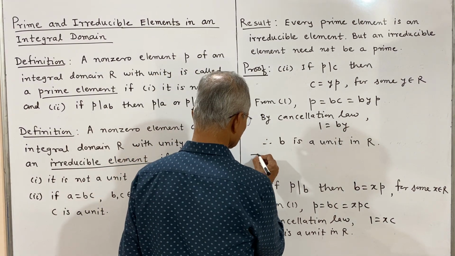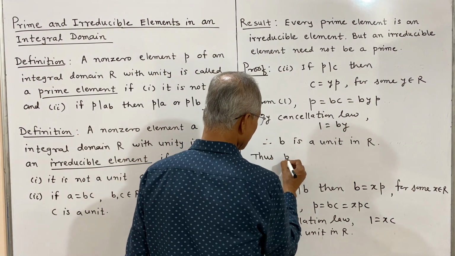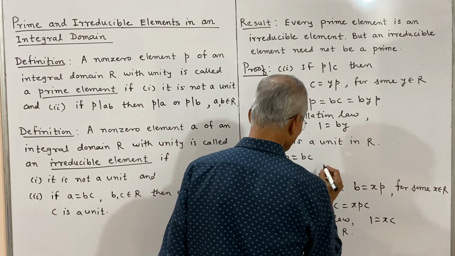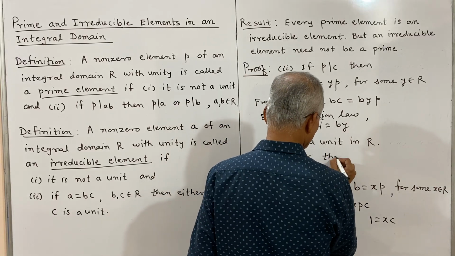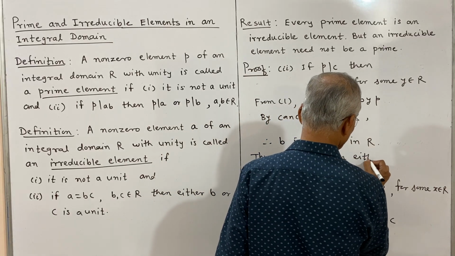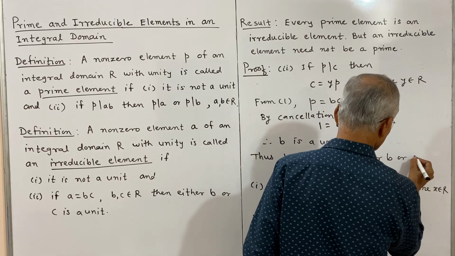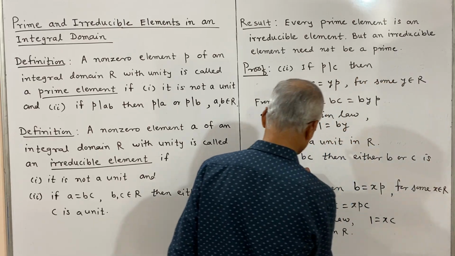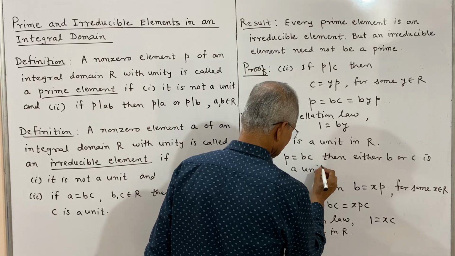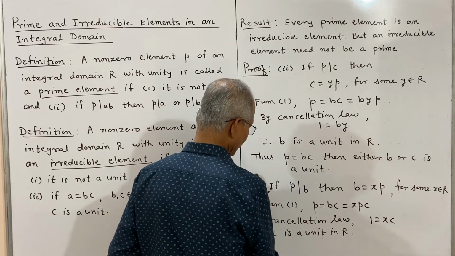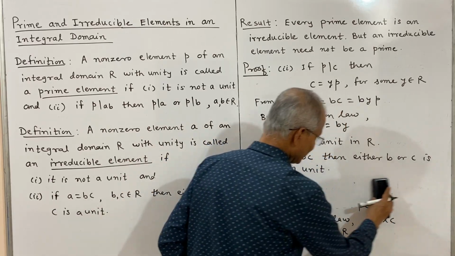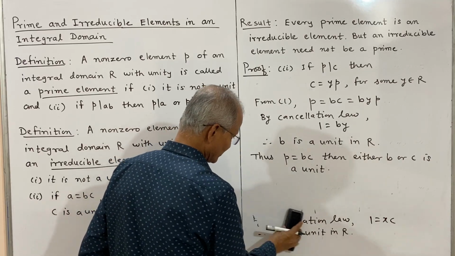Thus P is equal to B into C implies either B or C is a unit, and therefore P is irreducible, and that means a prime element is always irreducible.